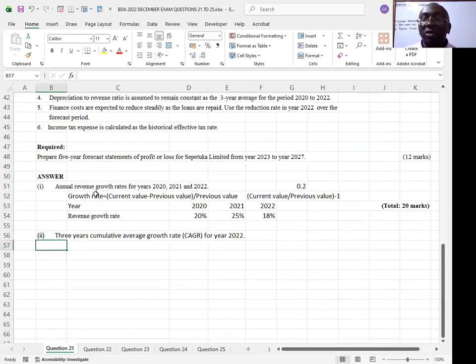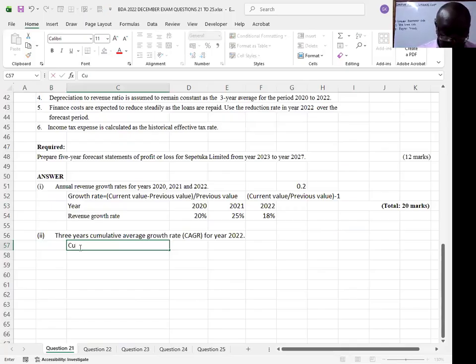Now they want the cumulative. So how do you get the cumulative average growth rate?